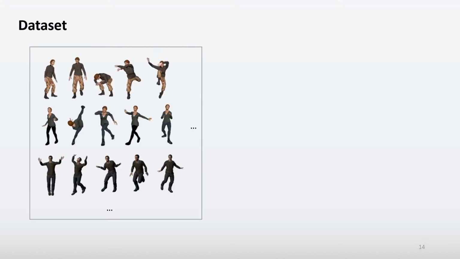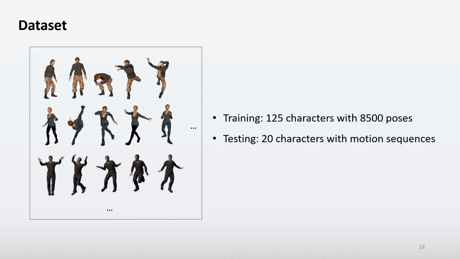To evaluate our proposed method, we train the network with 125 characters with different customization and animate each of them with 8,500 poses. Then, we test the trained network by using 20 characters with random motion sequence.